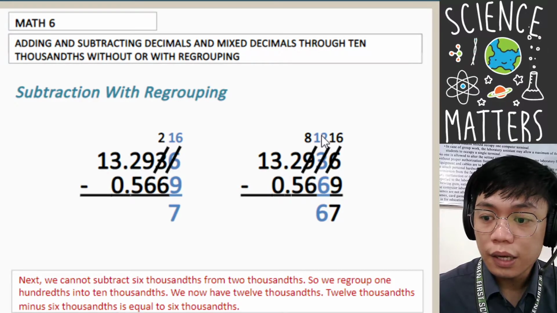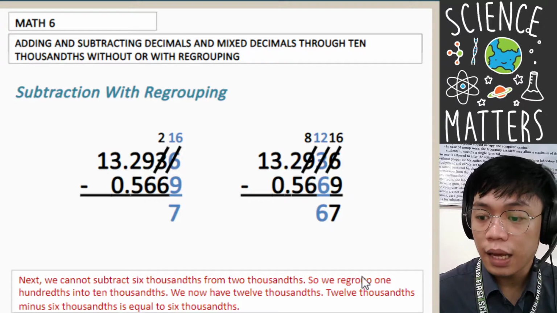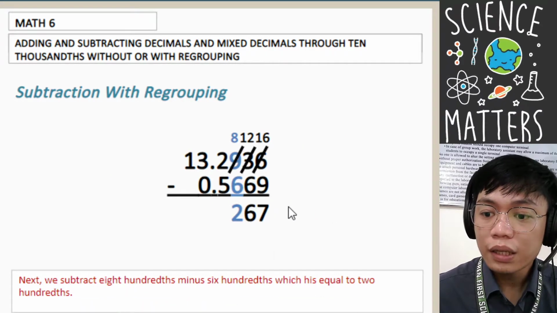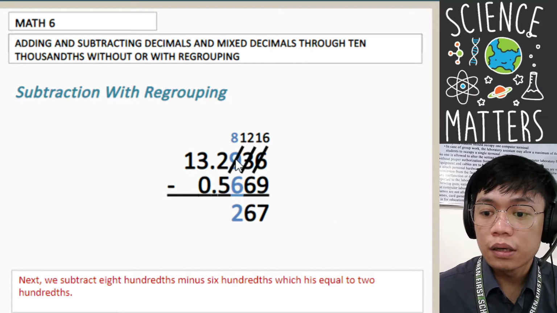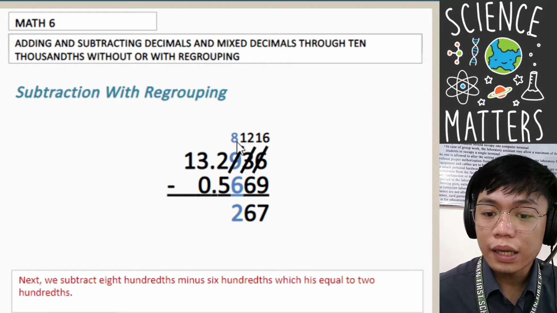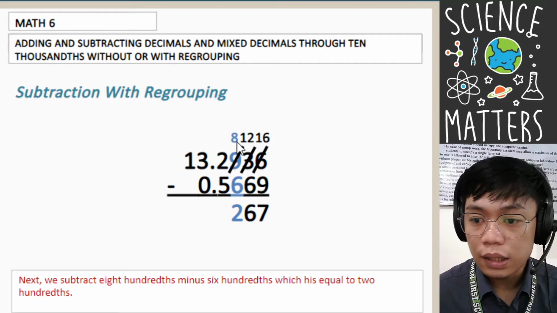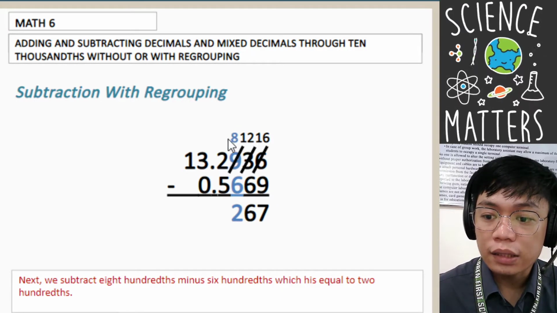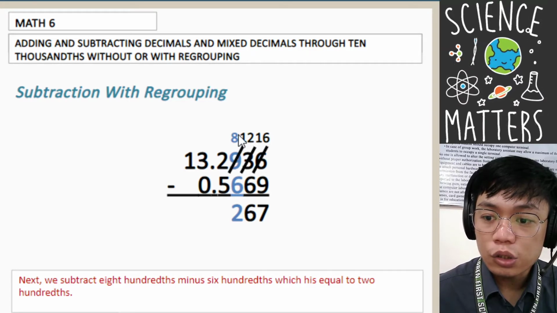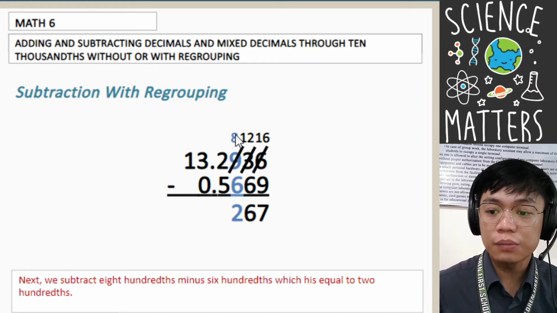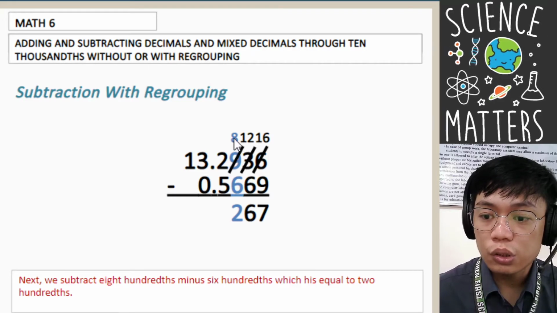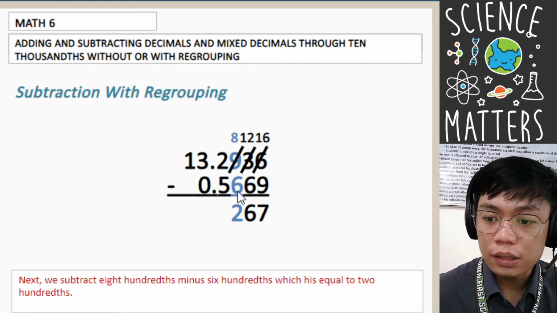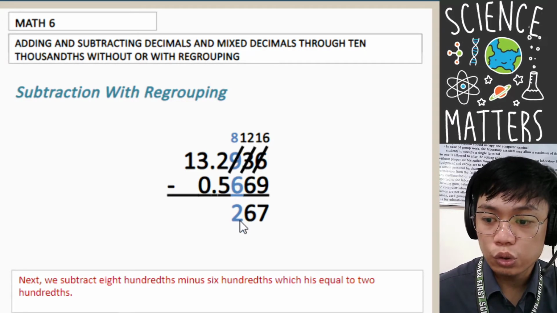Then 12 minus 6 will become 6. Next, we can now see that the minuend is higher than the subtrahend, so let's proceed immediately to subtraction. 8 minus 6 is equal to 2.